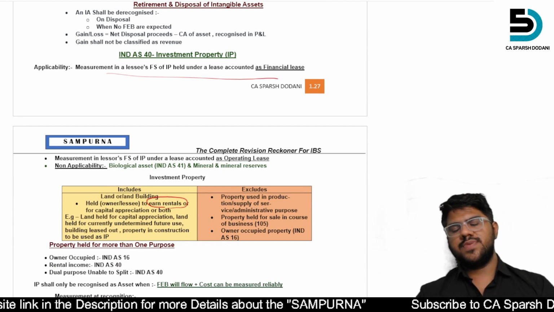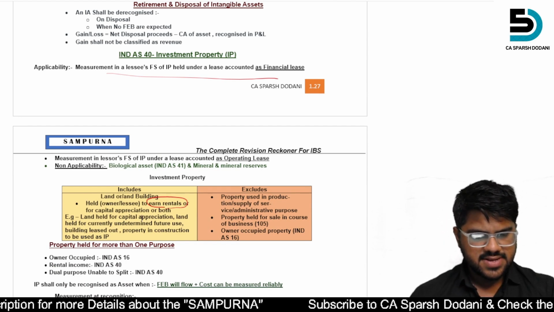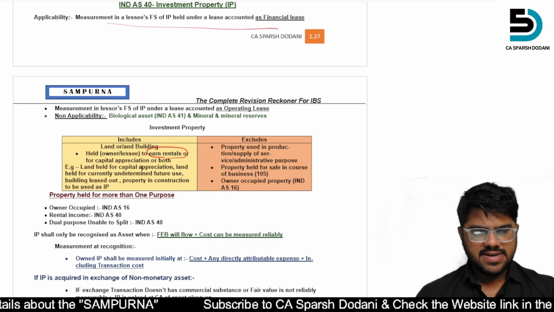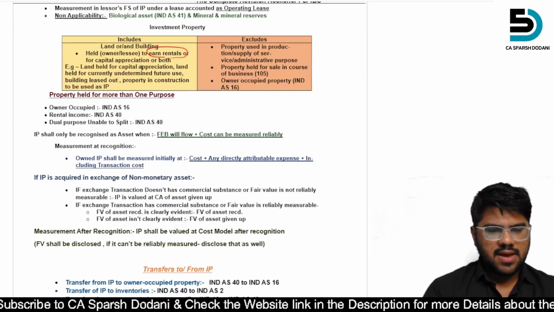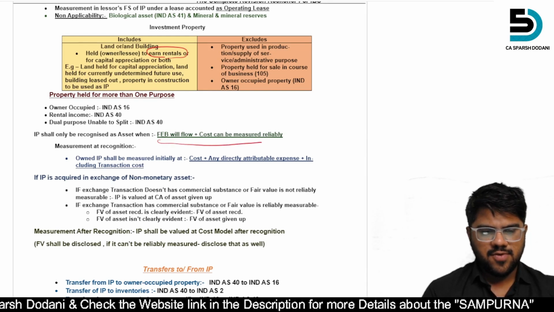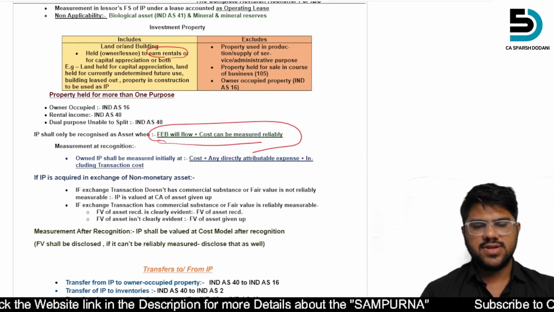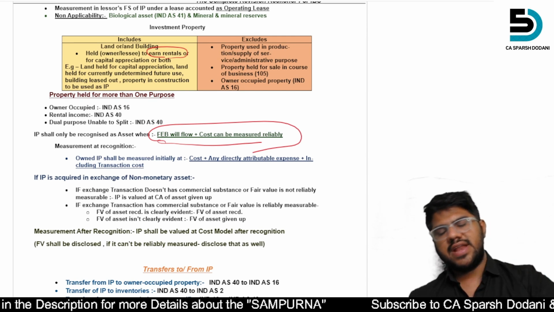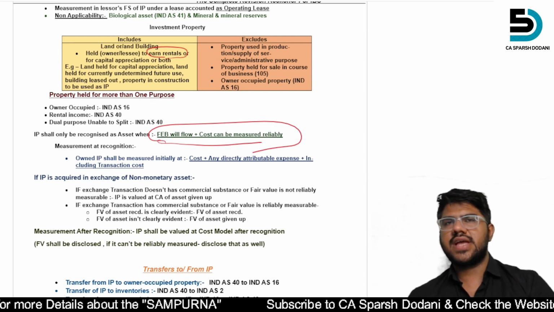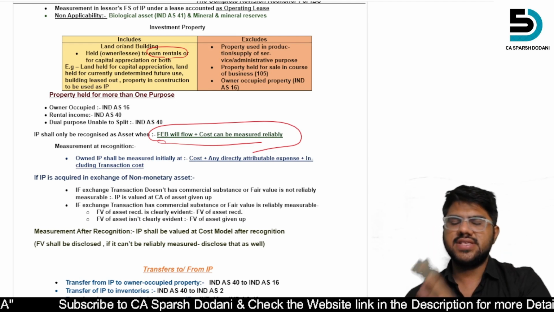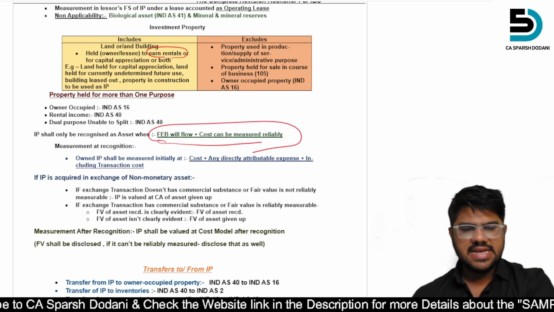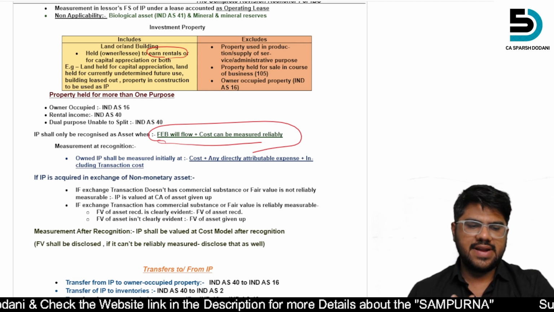So it should be covered under Ind AS 40. ठीक है. Measurement. Recognize when FEB, that is future economic benefit, will flow, and the cost can be measured reliably. If these two conditions are fulfilled, then you will recognize it as investment property.